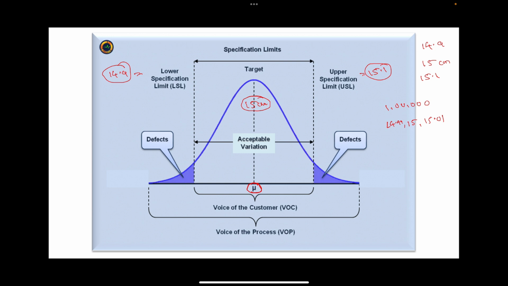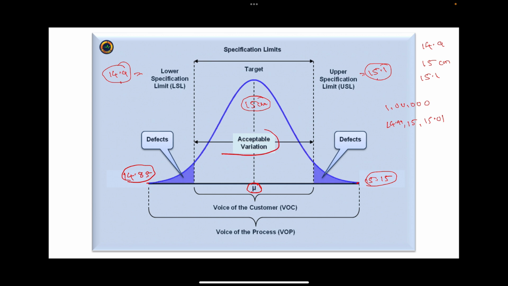It can even go up to, let us take for example, 15.15 and 14.85. So the process is producing products between 15.15 and 14.85, but the customer will only accept between 14.9 and 15.1.